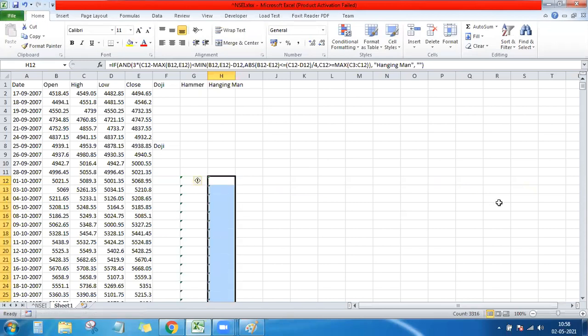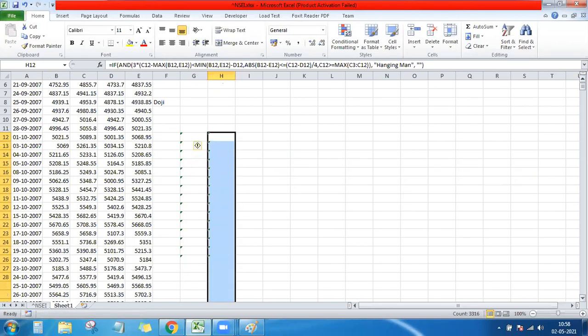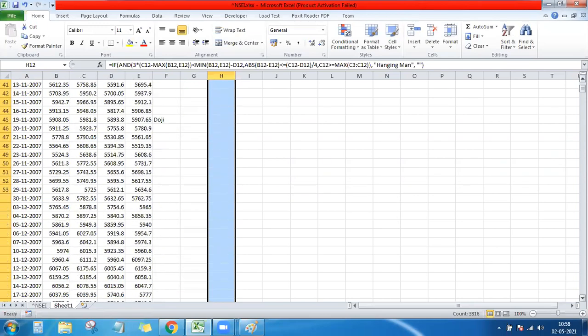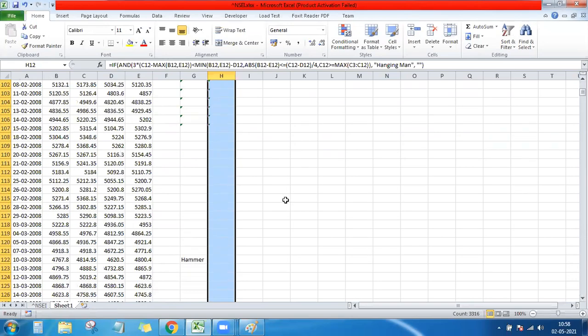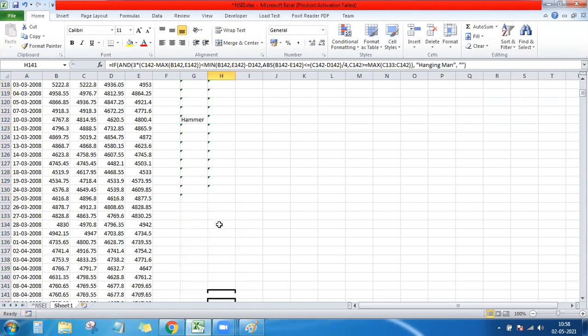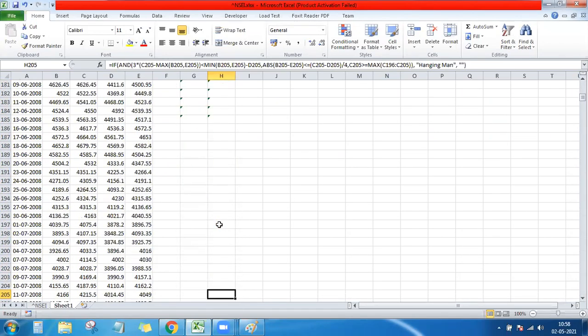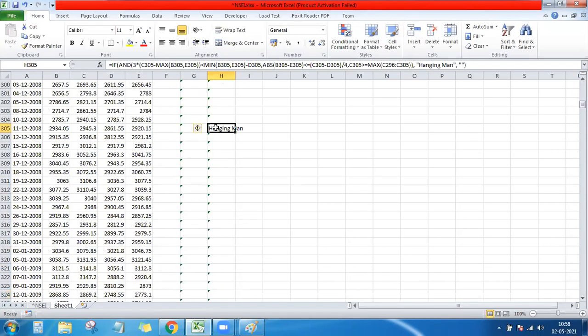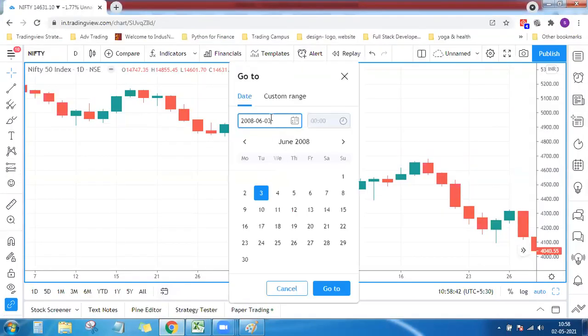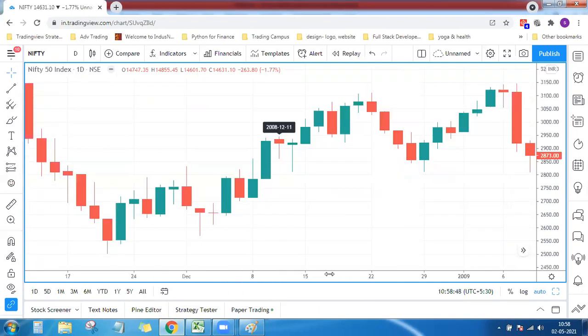So copy that onto every cell, go down to see if you have any hanging man. So there is a hanging man on 11th December 2008. Here it is.